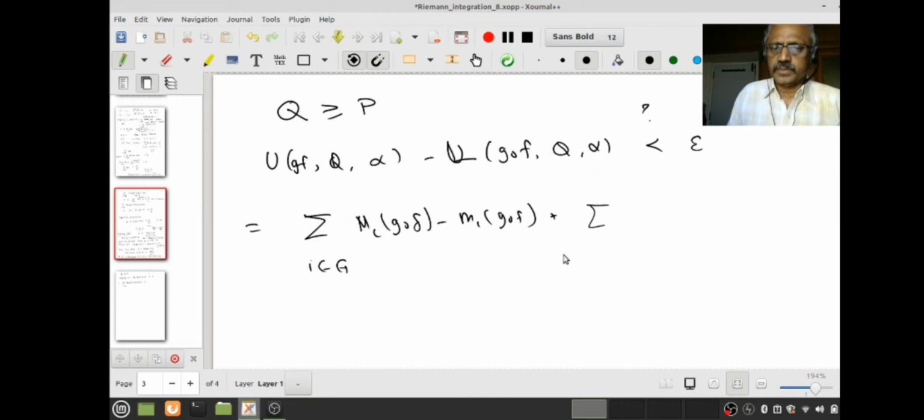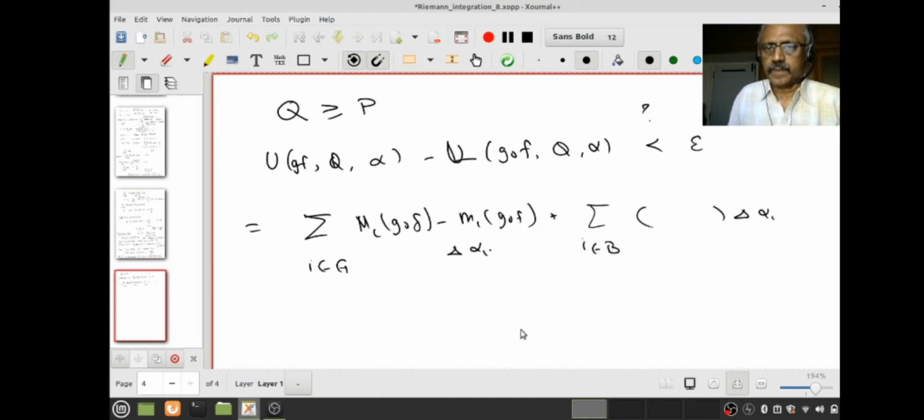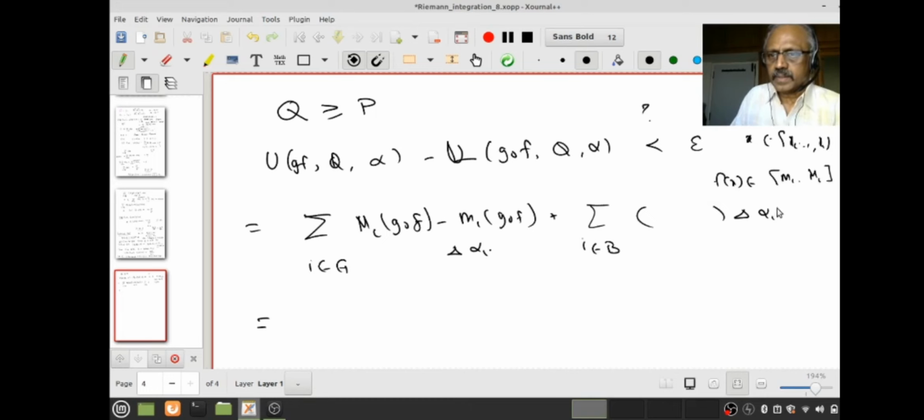So this is going to be two things. Yes, right, this is F. We know that if I take any x in [x_{i-1}, x_i], then f(x) lies between small mi and capital Mi, right?